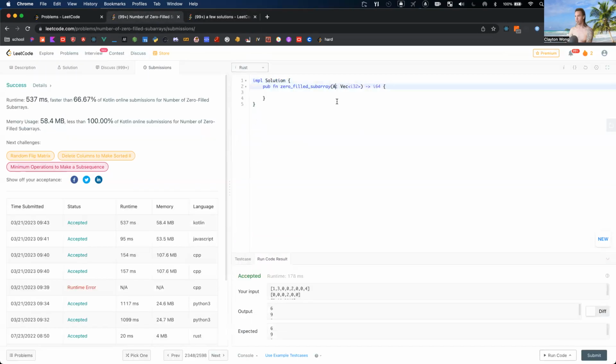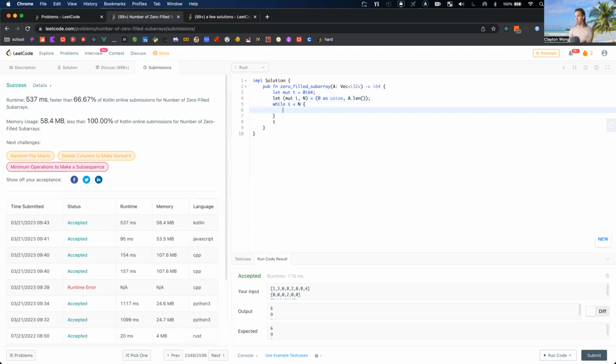Rust. t is our total. Let mut t equals 0 as i64. Let mut i and n equal 0 usize, a dot length.